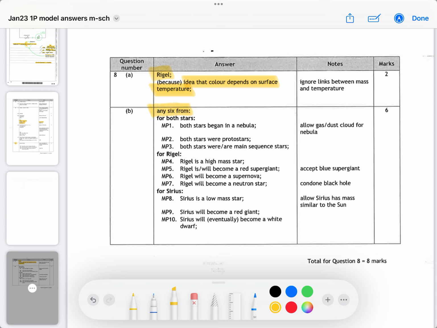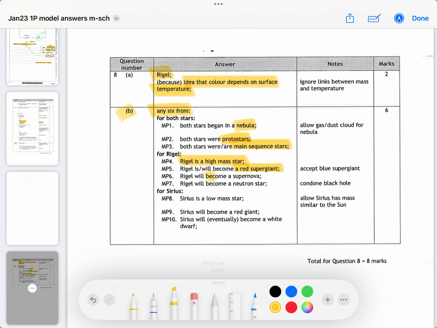The 6th marker coming up in part B, where it starts as a nebula, becomes a protostar. Then it has its main life as the main sequence star, where it's fusing hydrogen. And then if it's a high mass star like Regal obviously is, then it will become a red supergiant, and then it will explode because it's a massive star, Regal.